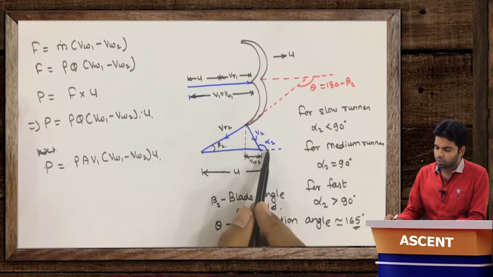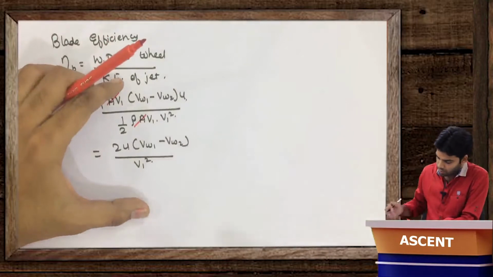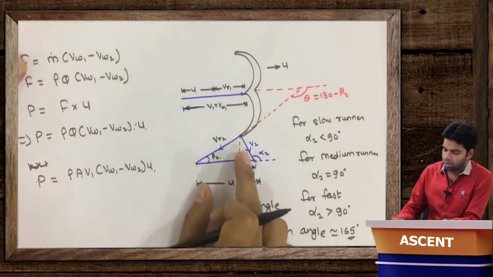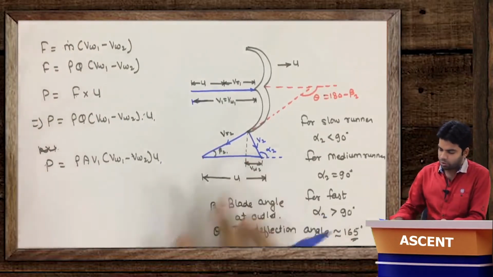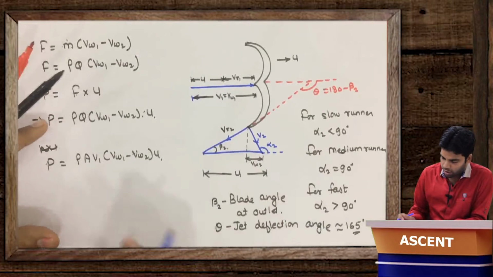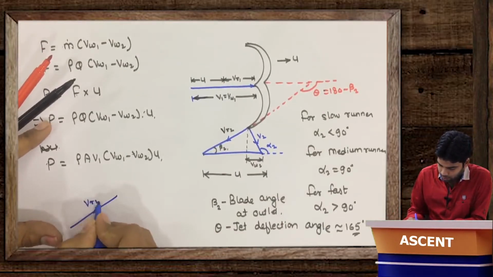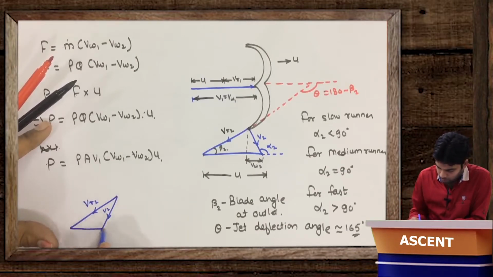If alpha 2 is less than 90 degree, the velocity triangle would be like this. The inlet velocity triangle would be same. Now how would the outlet velocity triangle be? I will draw it here only. If alpha 2 is less than 90 degree, then the outlet velocity triangle would be like this. This is VR2, this will be V2, this is VF2, and this is alpha 2.